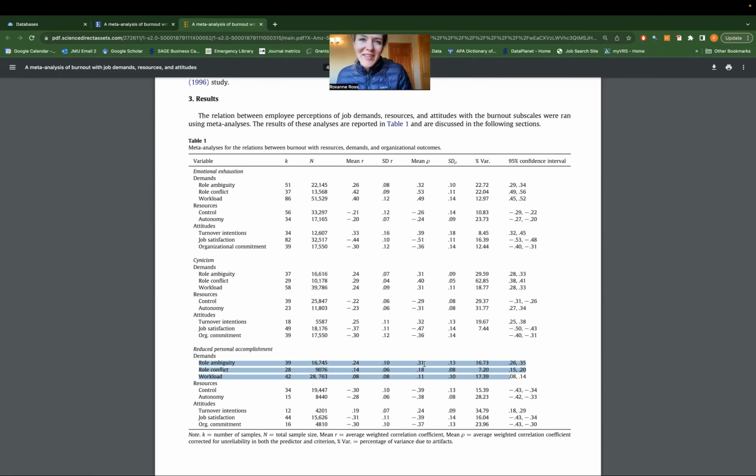And that can be helpful for informing practice in terms of how you would interpret these effect sizes for making recommendations. Assess if your employees are feeling reduced personal accomplishment or if they're feeling cynical or exhausted. There would be different risk factors that would give rise to those symptoms of burnout.